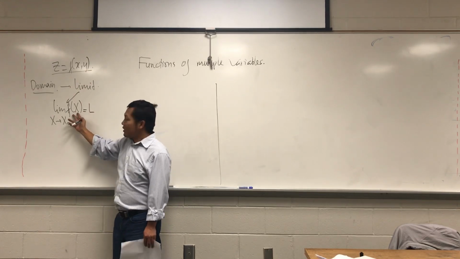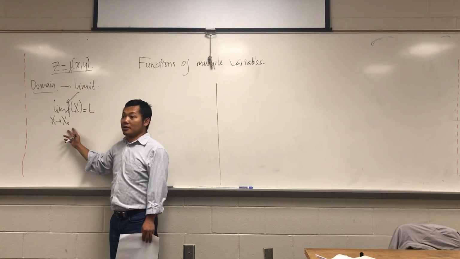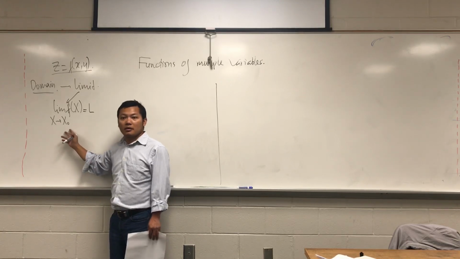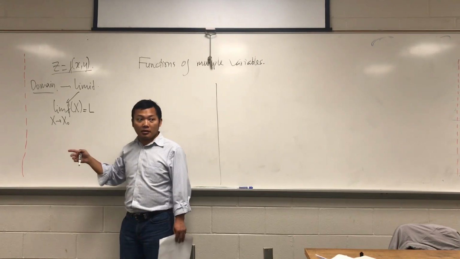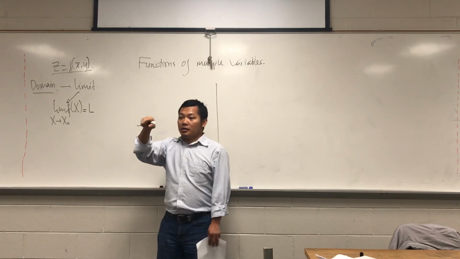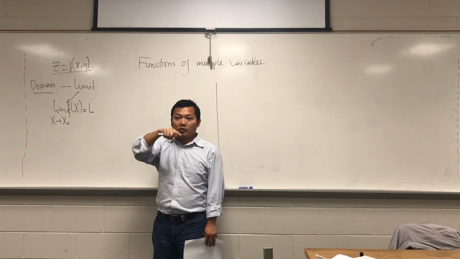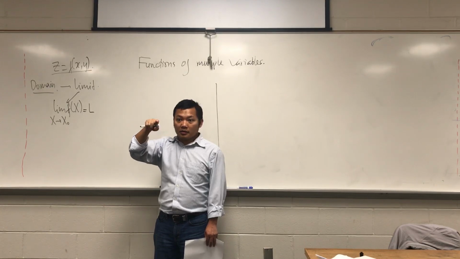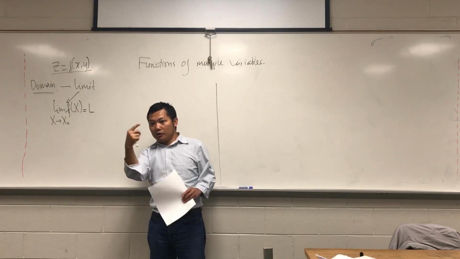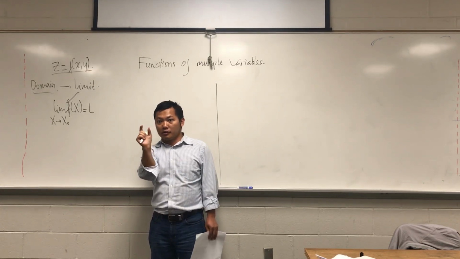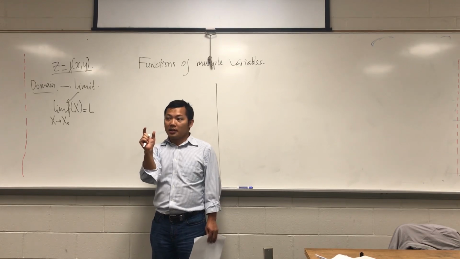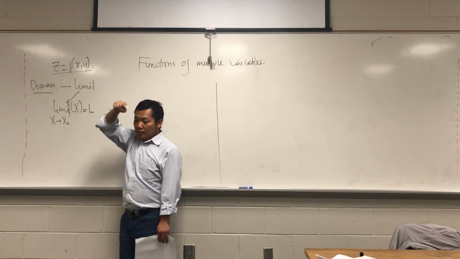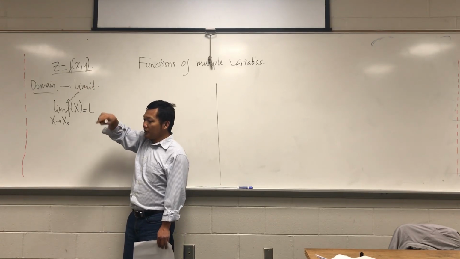So x is just (x,y), and x approaches x0, which is a fixed point. x can approach x0 differently. On the plane, the neighborhood would be a region. In R1, the neighborhood is just a small open interval. In R2, for a function of 2 variables, your neighborhood is a region.